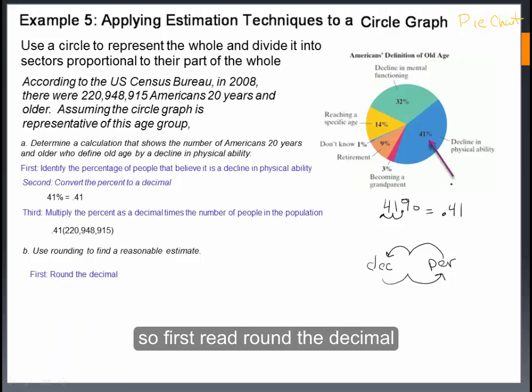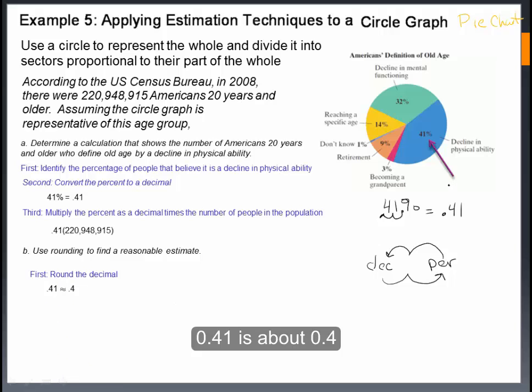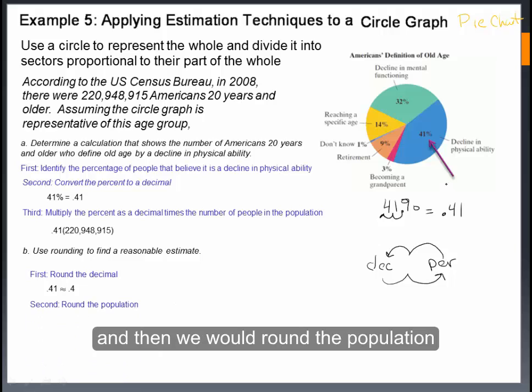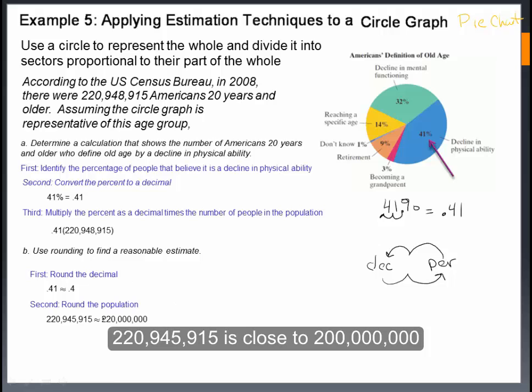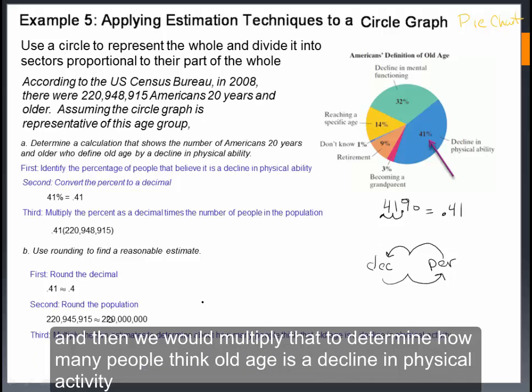So first we'd round the decimal. 0.41 is about 0.4. And then we would round the population. 220,948,915 is close to 200 million. And then we would multiply that to determine how many people think old age is decline in physical activity.